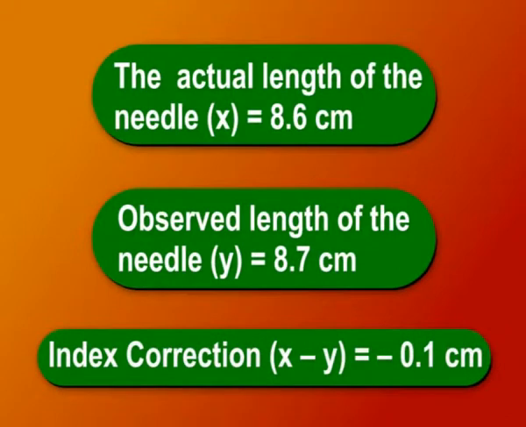The actual length of the needle X is 8.6 cm. On the other hand, the observed length of the needle Y is 8.7 cm. Therefore, the index correction X minus Y is equal to minus 0.1 cm.